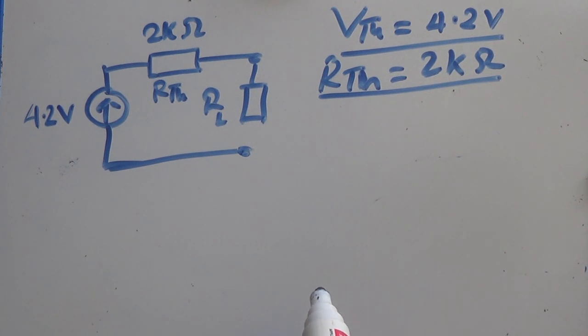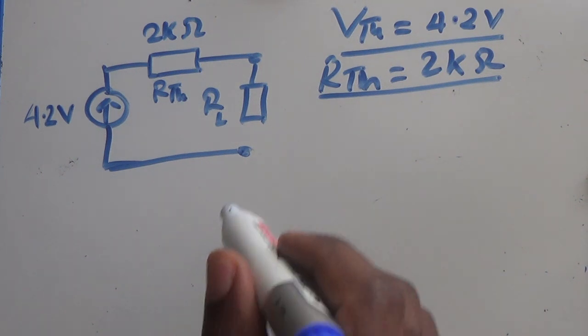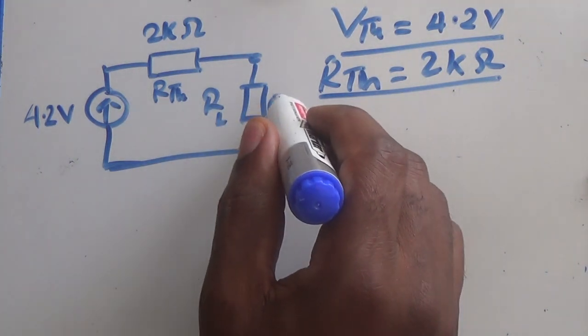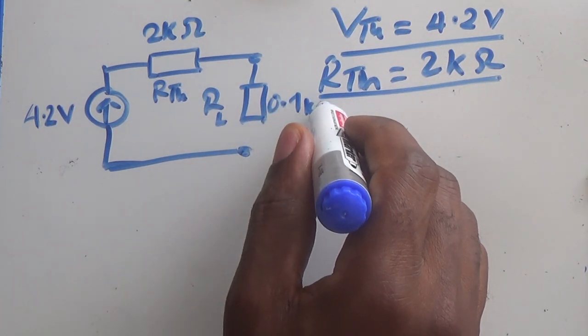circuit which we have, whose value we want, the RL is 0.1 kilo ohms.